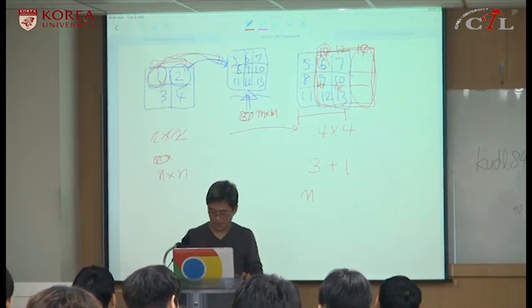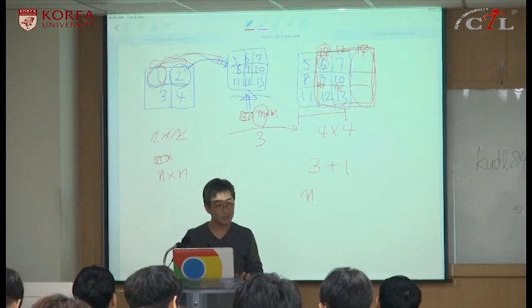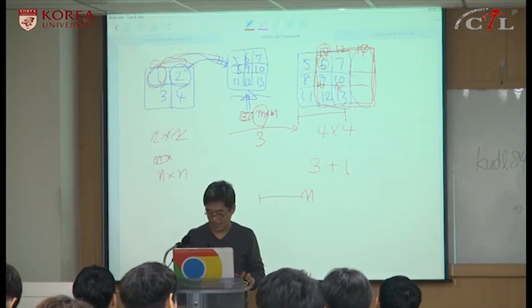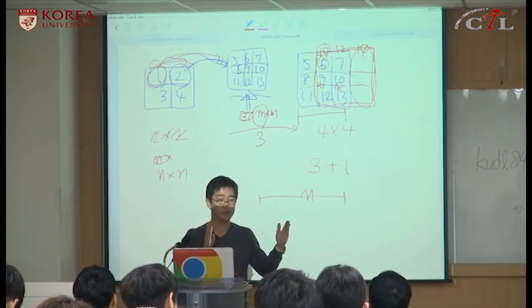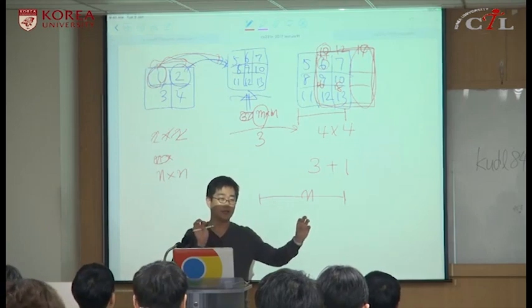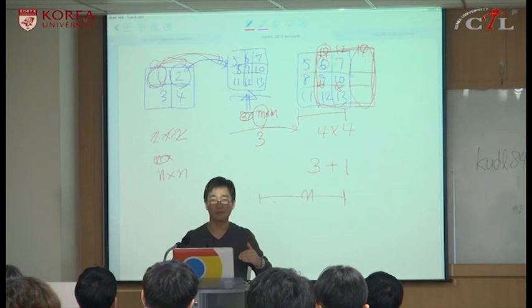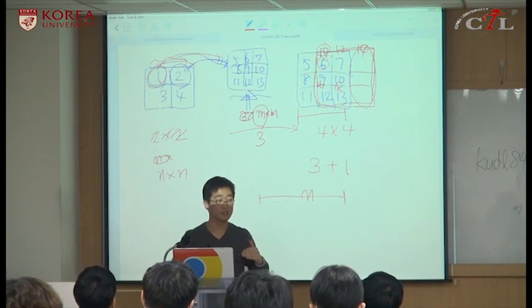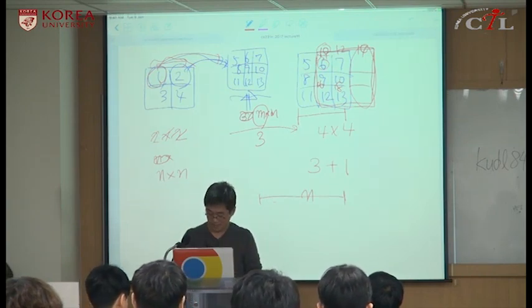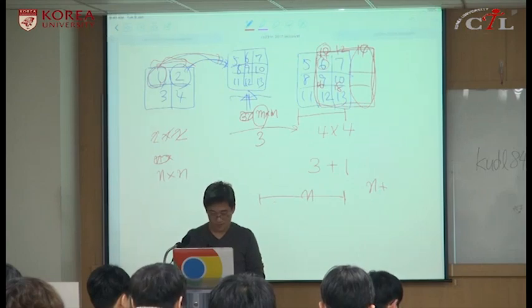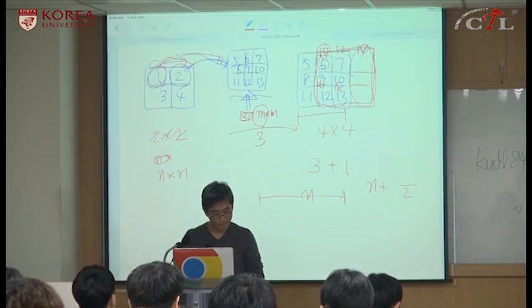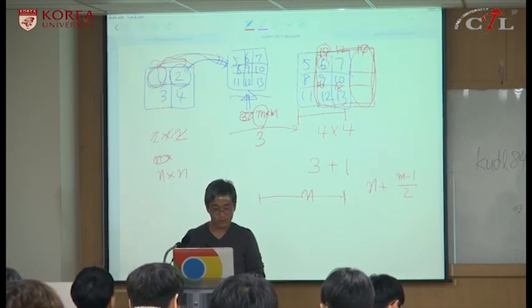Suppose the filter is 3, then given this original number of pixels n, it will just increase by one additional pixel on the left, right, top, and bottom, right? So it's like n plus (n minus 1) over 2.